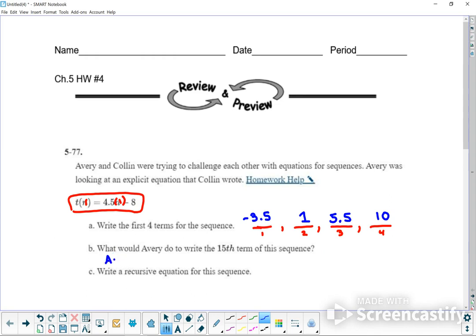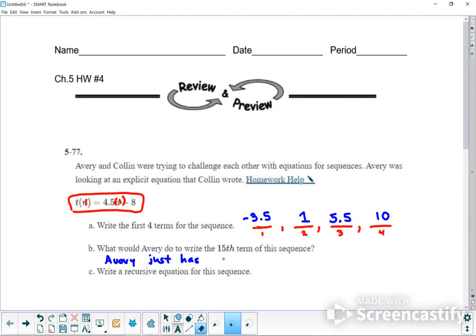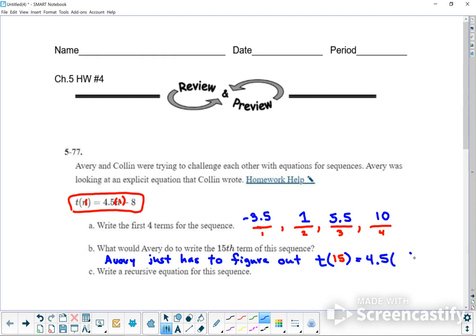So Avery just has to figure out T of 15, which is equal to 4.5 times 15, and then take away 8.